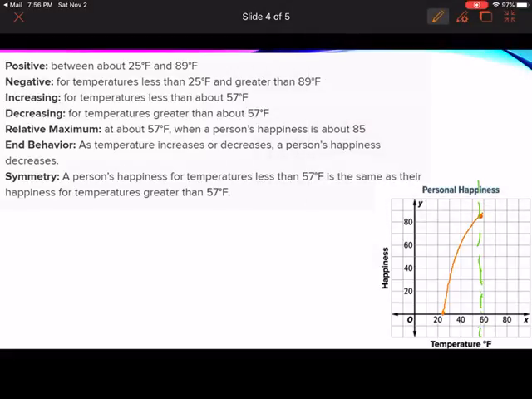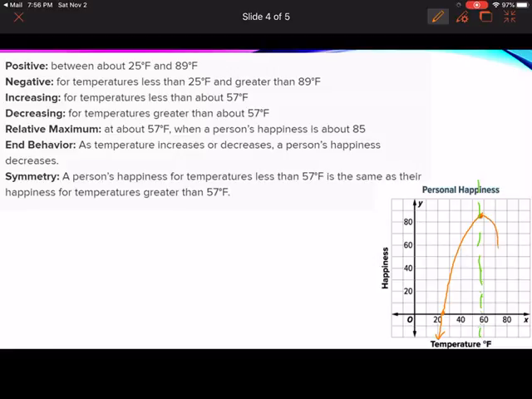In behavior, as temperature increases or decreases, a person's happiness decreases. So that means as we go down, we go down. Relative maximum is about 57 degrees. That's about where we have our line of symmetry. It is decreasing for temperatures greater than about 57 degrees.